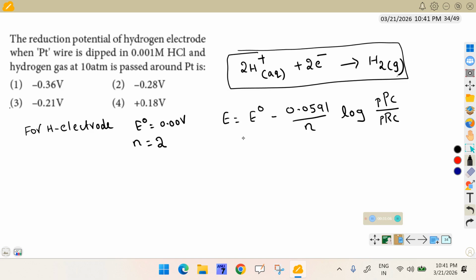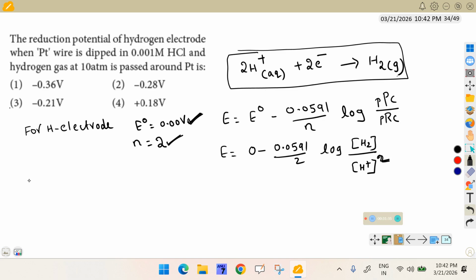We know that for the standard hydrogen electrode, the SRP value, standard reduction potential value, is 0, and in this equation 2 electrons are involved. Now E equals 0 minus 0.0591 by 2 log of product, which is H2 gas, over reactant, H plus ion. How many moles of reactant are present? 2 moles.